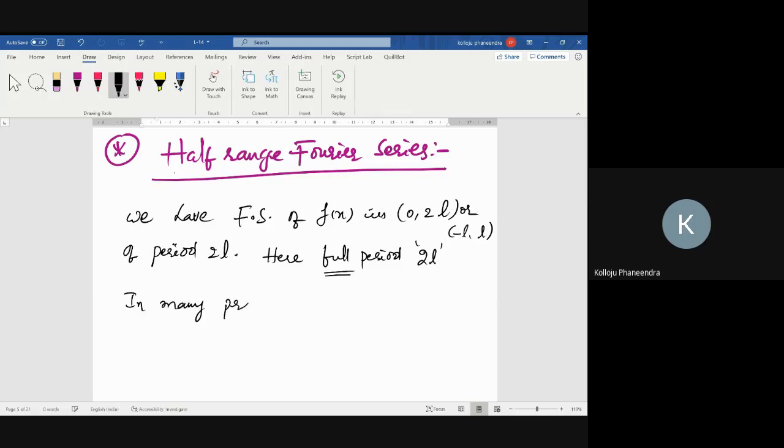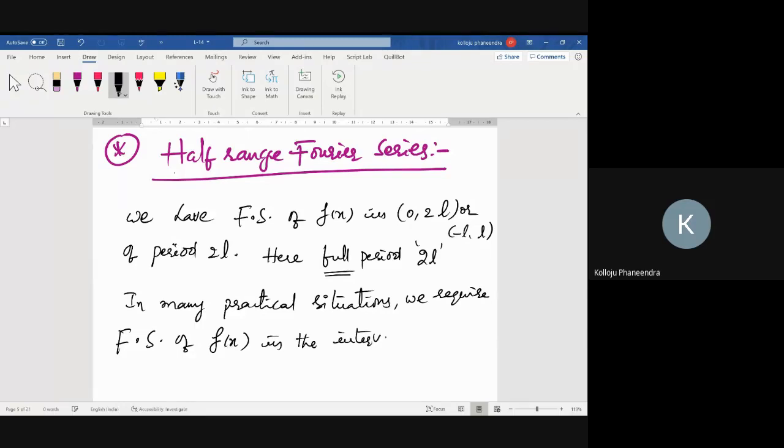In many practical situations, we require the Fourier series of f of x in the interval 0 to L only, which is exactly half of the period.